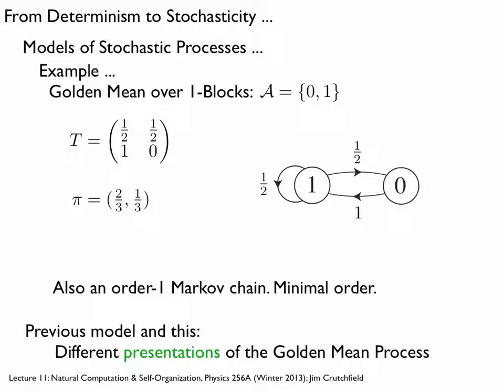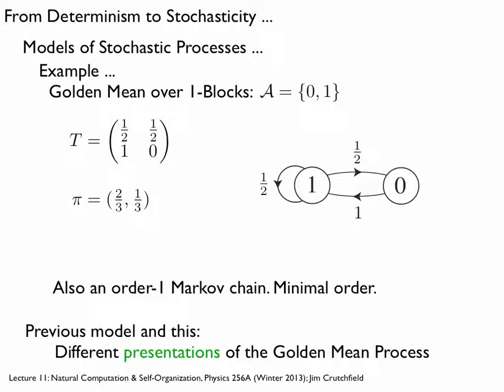First observation is that I specified the process, and I gave you 2 models. This gets back to the main point I was trying to start out with. We don't want to confuse models with processes. Processes are what occurred. And we have different representations. Actually, in the language of the field, we call these different presentations.